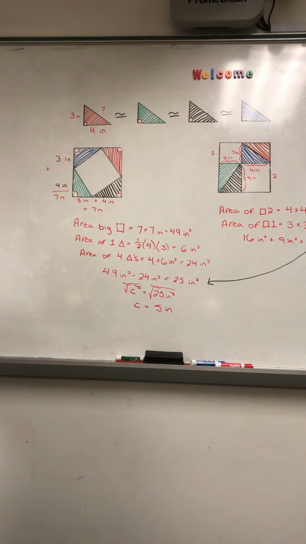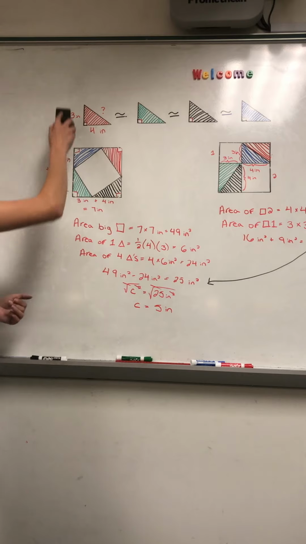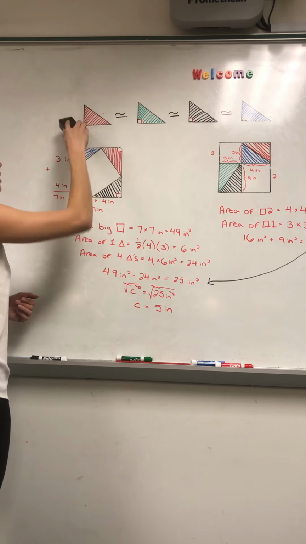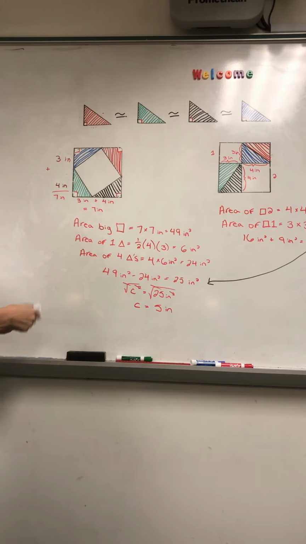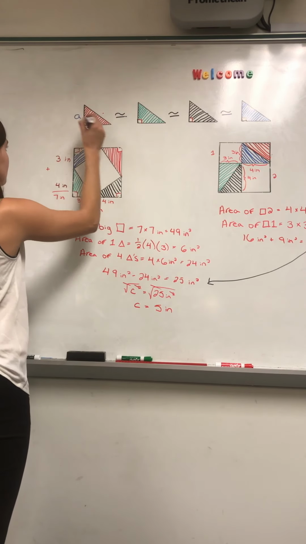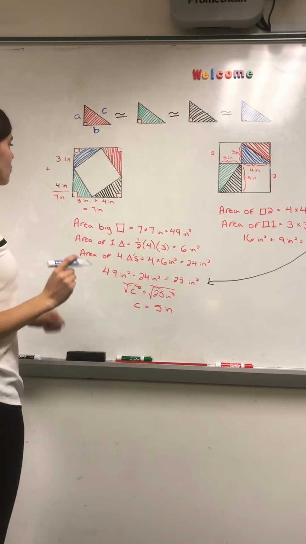So now we're just going to plug in some variables that you might be a little more familiar with. So let's erase that, and let's put in an A here, a B here, and a C here.